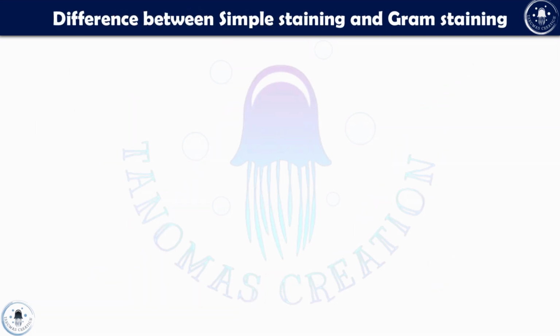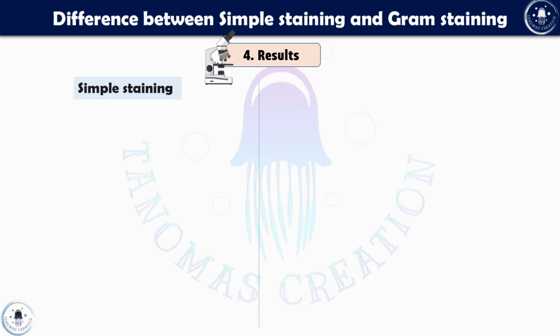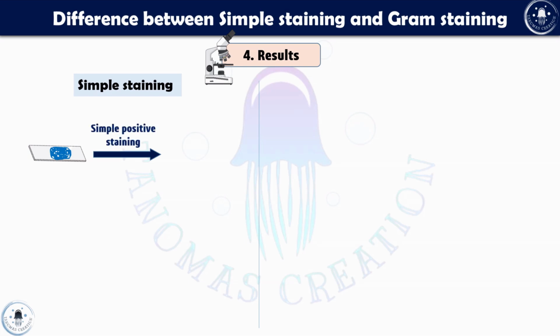Now coming to the next aspect, that is the result. What can we expect in the slide when we look at it under the microscope? In simple staining, if we use the positively charged dye or basic dyes, say methylene blue, you will see that all the bacteria have been colored blue.